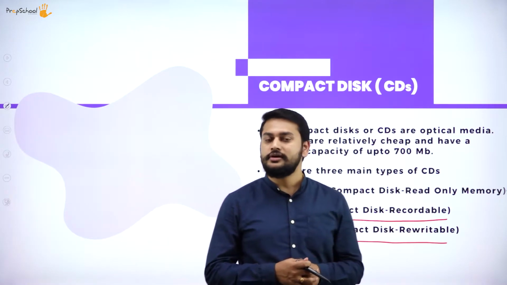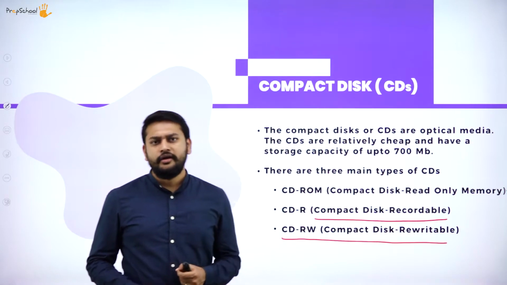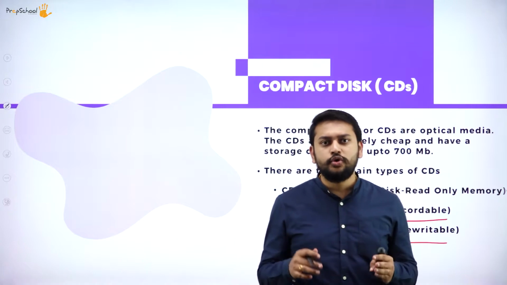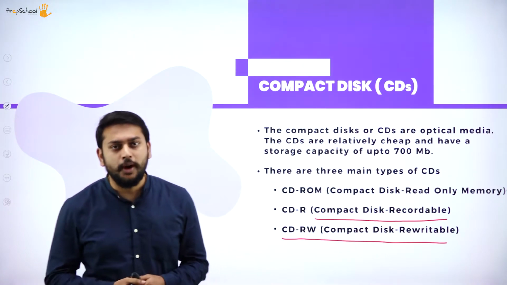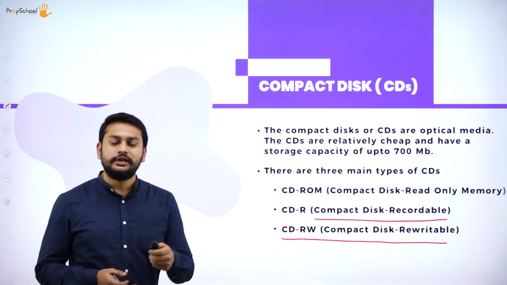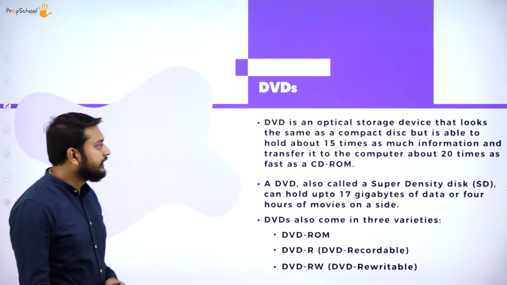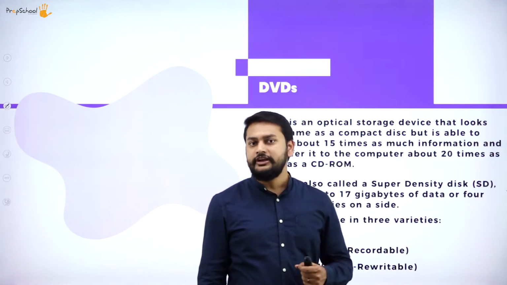This is all about the CD that you should know, and you already know about it. But the main thing is we can store a very limited amount of data in this CD. To solve this problem, we are moving on to the next type of disk, that is DVD. Why do we need DVD?